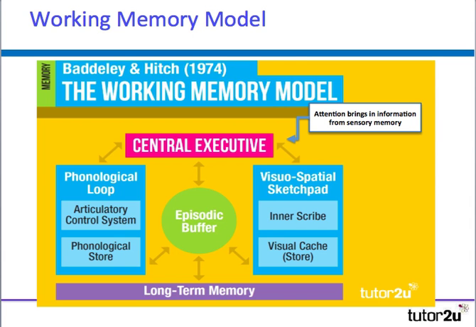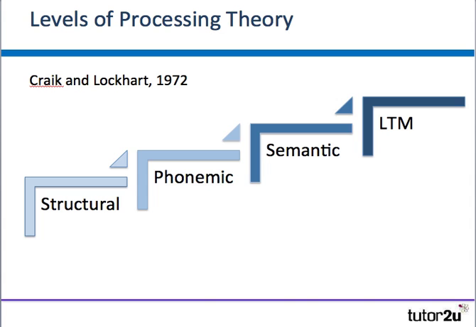And the levels of processing theory as well, put forward by Craik and Lockhart in 1972 and followed up by Craik and Tulving some years afterwards. This says it's not the fact of attention, but it's the type of attention that allows information to proceed from the short-term memory and into the long-term memory.